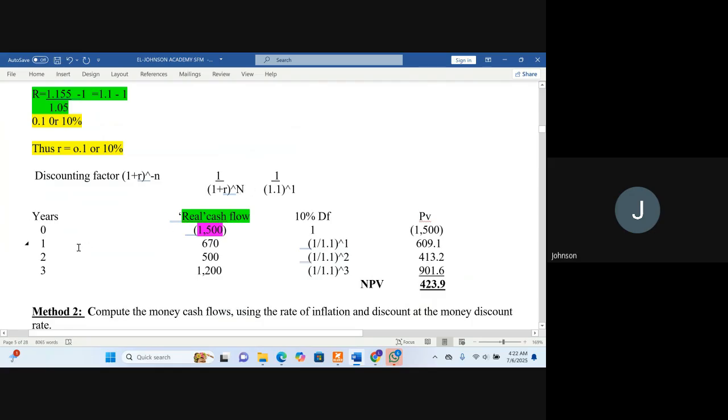What's our n here in year 1? Our n is 1. So mathematically, if you take your calculator, for those of you that have a scientific calculator, you can just say 1 divided by 1.1. What do you have?